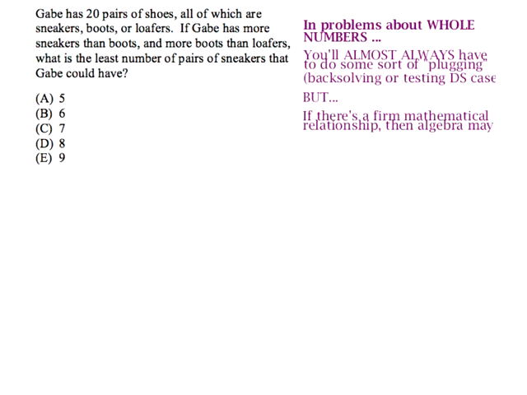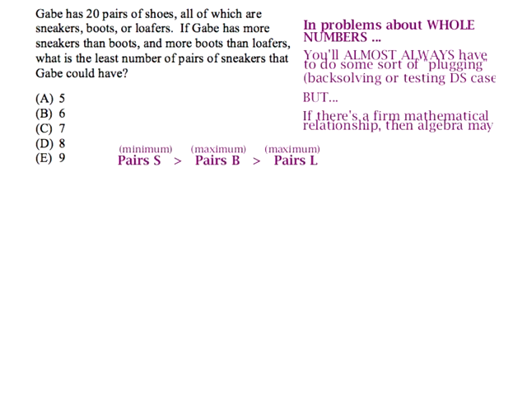Because remember that you have sneakers, and then you have boots, and then you have loafers, and you're trying to minimize the number of sneakers and maximize the numbers of boots and loafers.